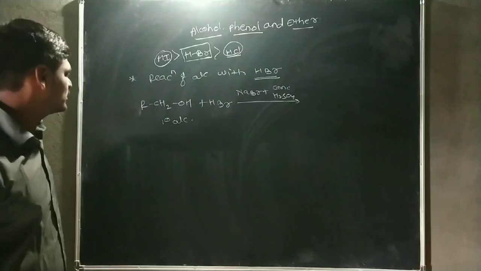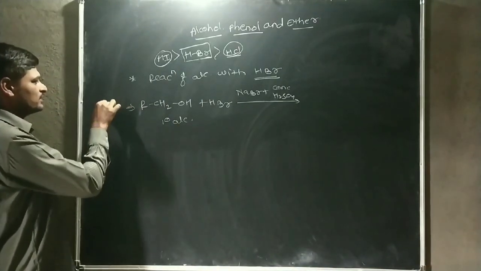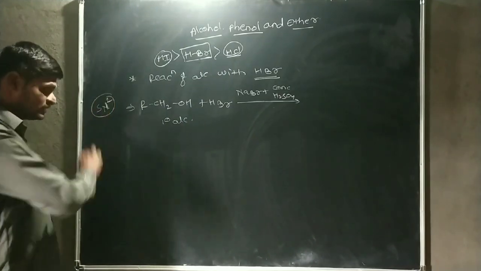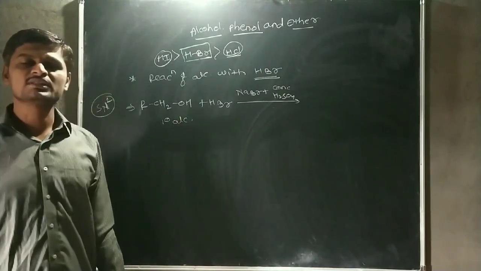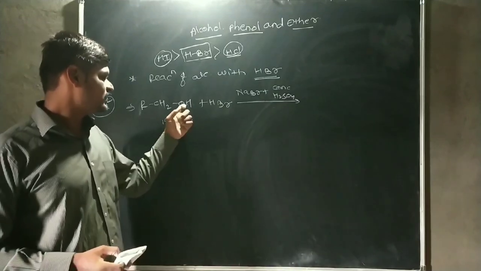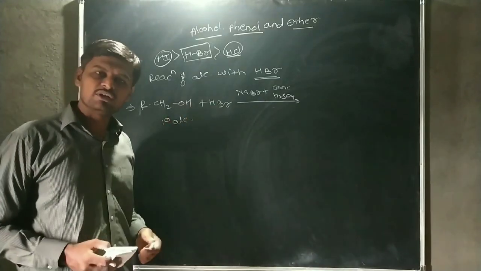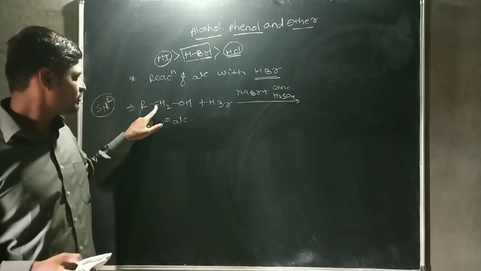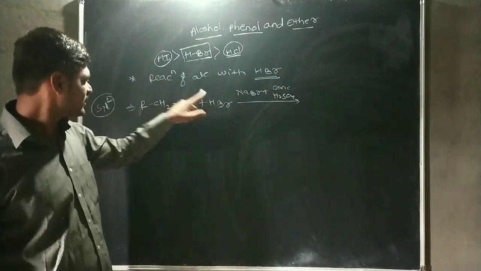Similarly, in this reaction, the mechanism of the primary alcohol is carried out according to the SN2 reaction mechanism. The first step of the mechanism is protonation of alcohol. After this protonation, there is formation of an electron deficient carbon atom, and the nucleophile, Br minus, attacks on this carbon atom.